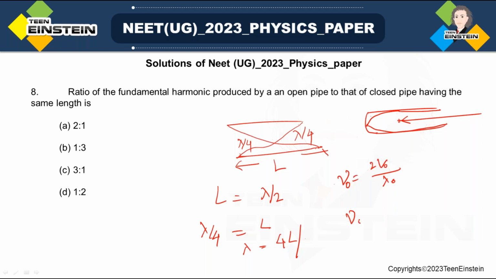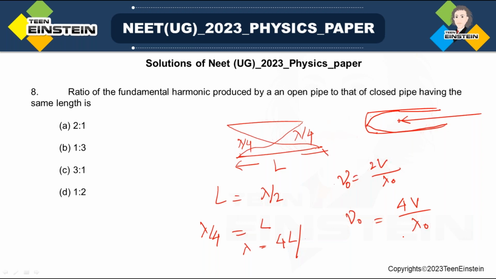So frequency will be V by, let us say that is V, not V0. So this will be actually 4v by lambda 0.